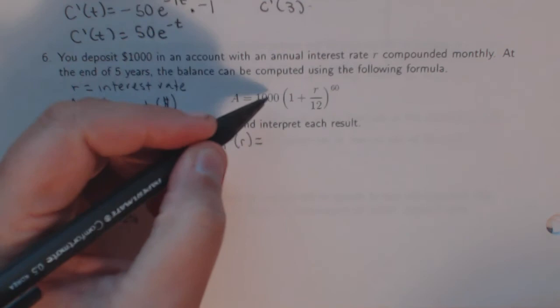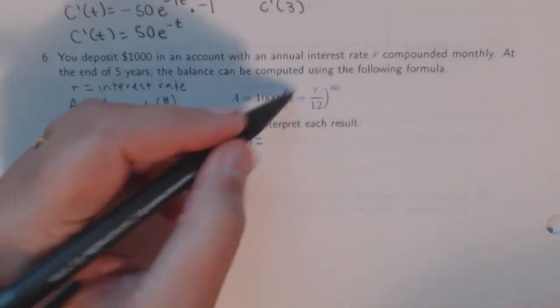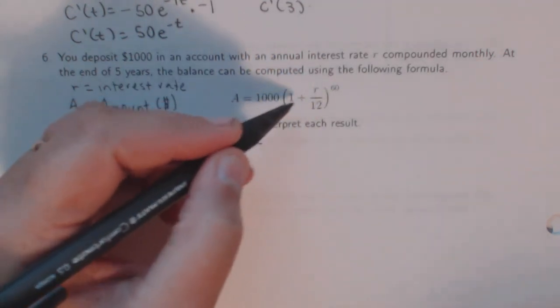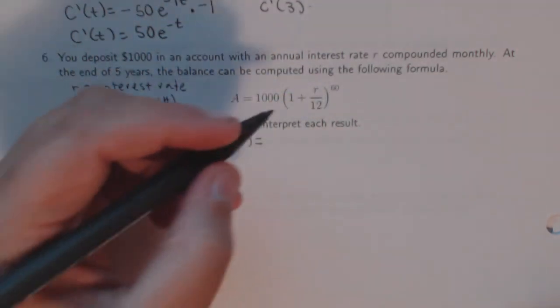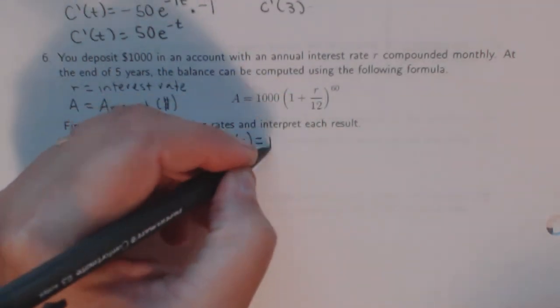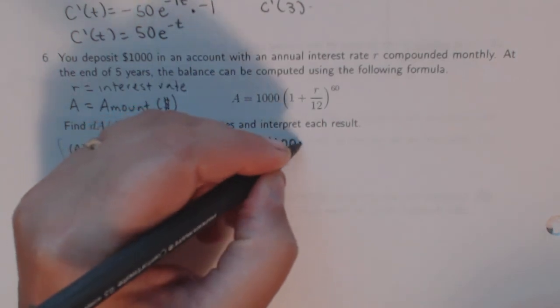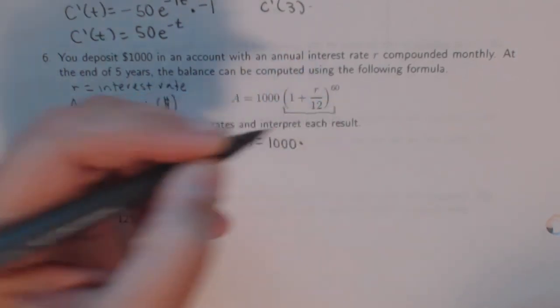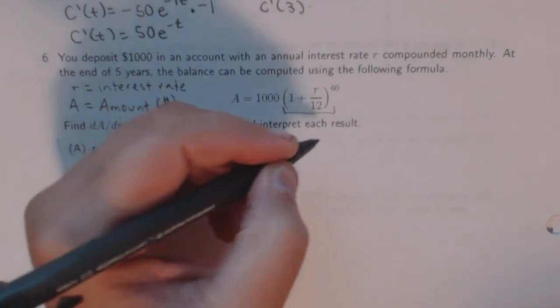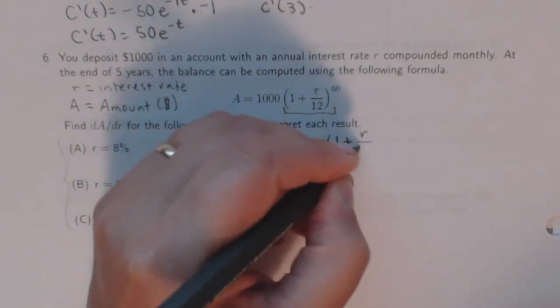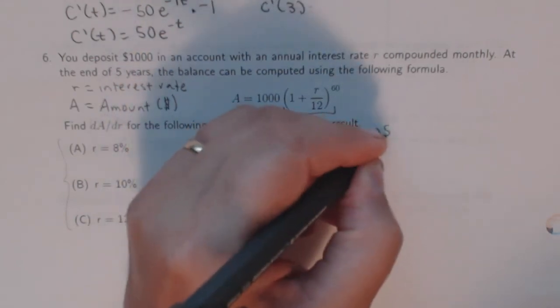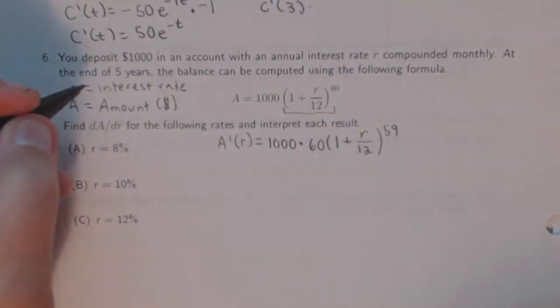So the chain rule is you treat this like just a big variable, 1,000 times x to the 60th, for example. So this is going to be 1,000. You can bring that constant straight down. And then take the derivative of the outside. So that would be 60 times (1 plus R over 12), unchanged, to the 59 power.